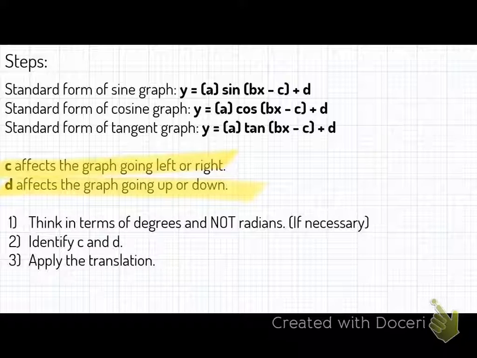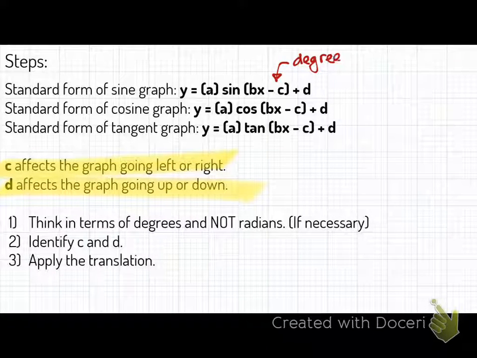Okay, and when you look at C, I want you to think in terms of degrees, okay? So put a little note at the top for me too. You see how it says C right here on all of these? So C affects the degrees, okay? And I want you to think about it in degrees, not in radians.